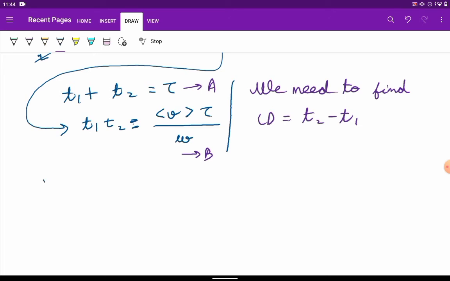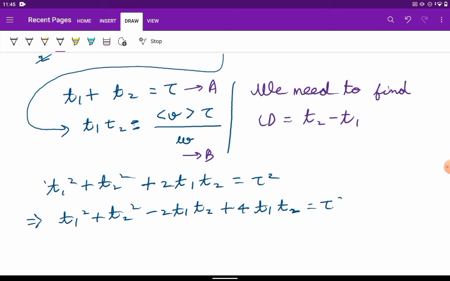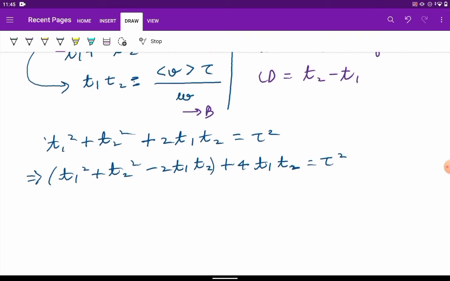So T1 plus T2 whole square is basically T1 square plus T2 square plus 2T1 T2, which will give me tau square. Alright, now we can rewrite it as T1 square plus T2 square minus 2T1 T2 plus 4 times T1 T2, tau square, right? This becomes, that's what we want, T1 minus T2 whole square.